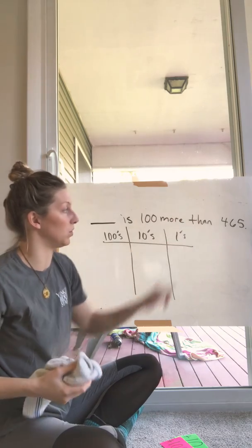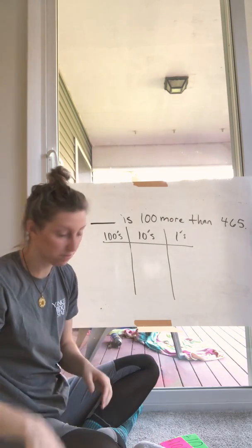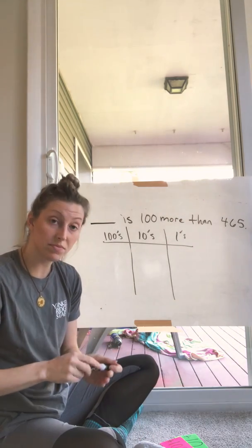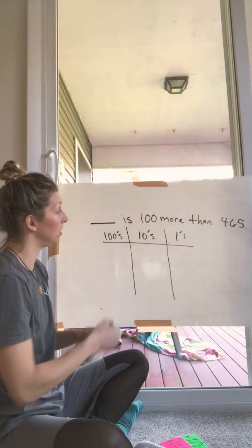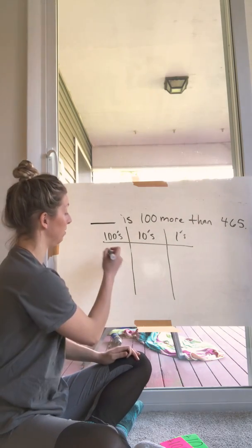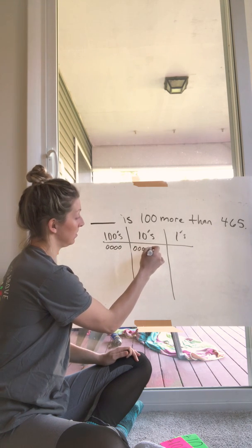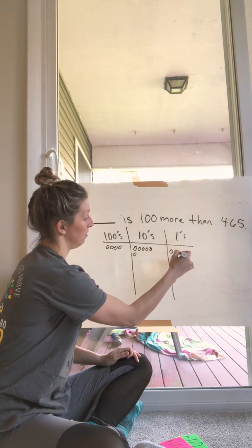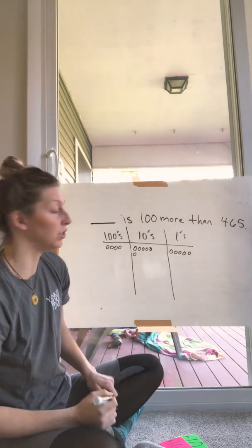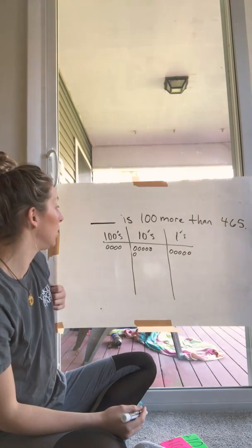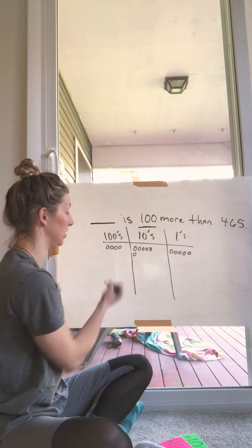If we had 4 hundreds, 6 tens, and 5 ones, and we looked at our place value chart, we're dealing with the 100, so we're either going to take away or add.